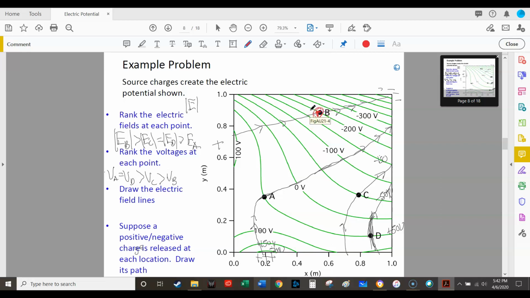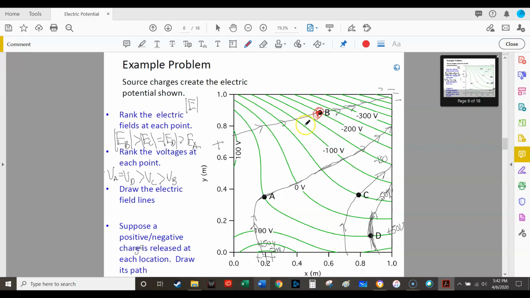And what I remember is that the electric field is kind of like the stream. If voltage is the altitude, then the electric field is the river. So if we have a positive charge right here at B, it's not going to go towards these positives here. It's going to go towards these negatives.